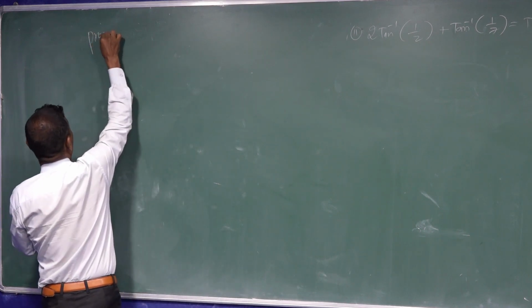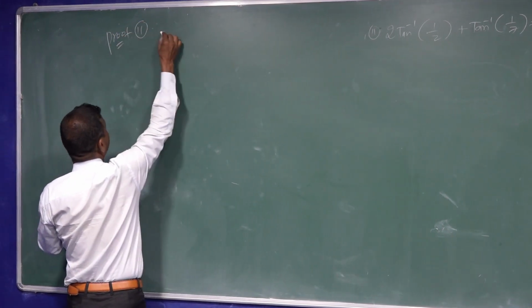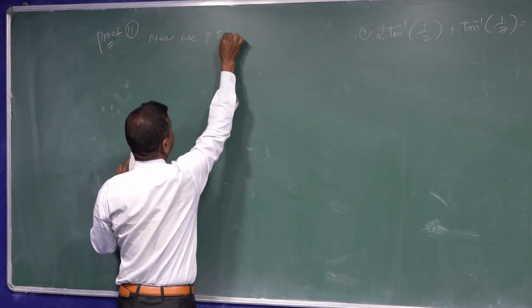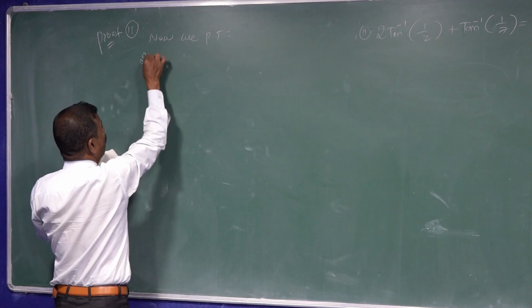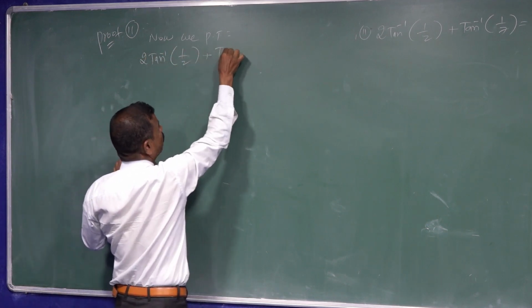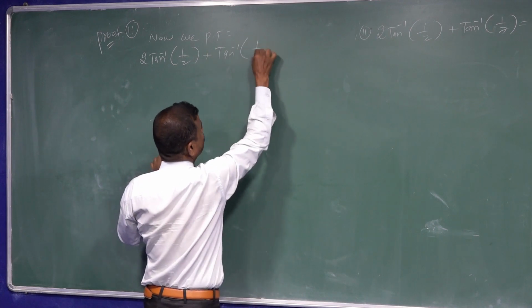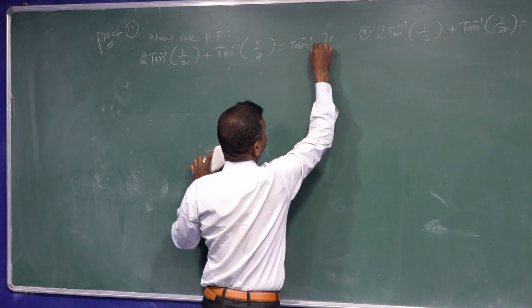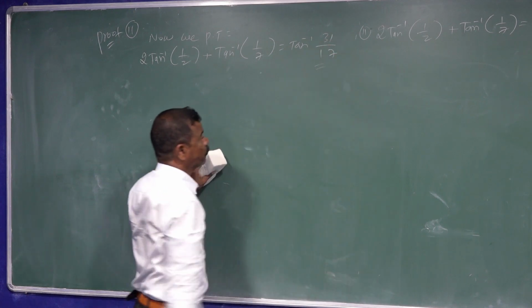Now another problem, second. Proof. Now we prove that 2 tan inverse of 1 by 2 plus tan inverse of 1 by 7 is equal to tan inverse of 31 by 17.